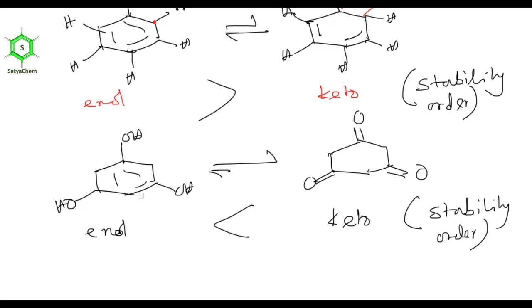So actually C double bond O bond energy exceeds the stabilization coming from resonance. Clear? So that is why here keto form is more stable, because here there are 3 C double bond O. Stabilization from these 3 C double bond O is very high. It exceeds the stabilization coming from resonance. So that is why in this case keto form is more stable than its enol form.